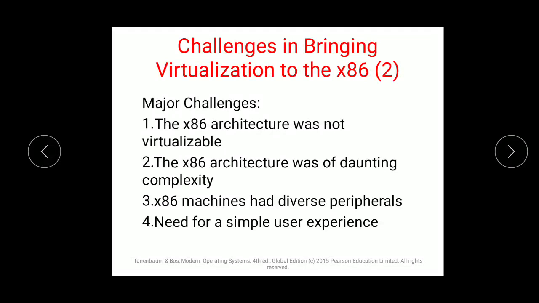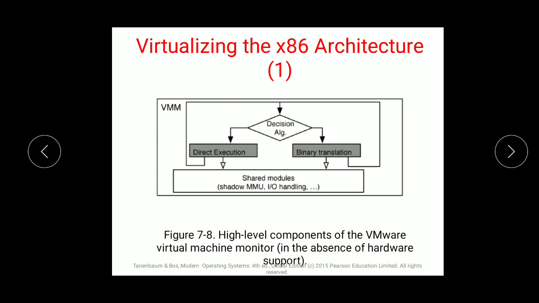There was a need that a simple normal user can use it, whereas with virtualization n number of people can use it, that is multi-user tasking, but that was not possible with virtualization on x86, as they have told first that the x86 architecture was not properly virtualizable, that is it was not able to be accessed over n number of machines. Multitasking and multi-user was not the criteria for x86.